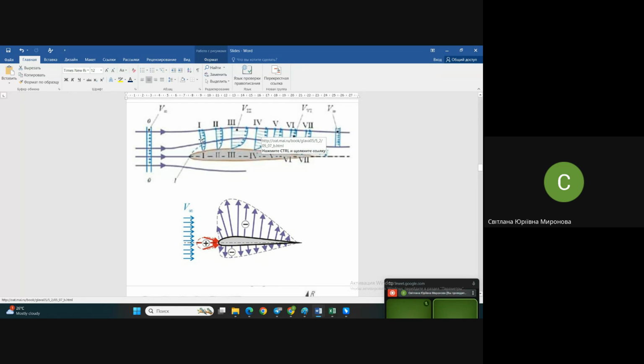In each cross section along the profile, velocity, pressure and so on may be measured. And when they are measured, we have such resulting charts of distribution of velocity and pressure over the upper and bottom surface of the profile, or some other object poured into liquid or gas, or some fluid.